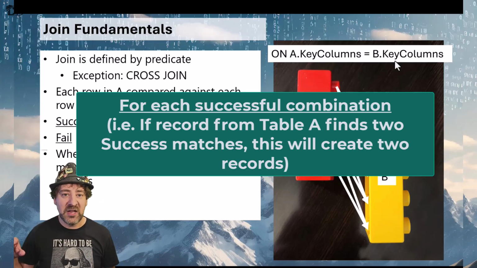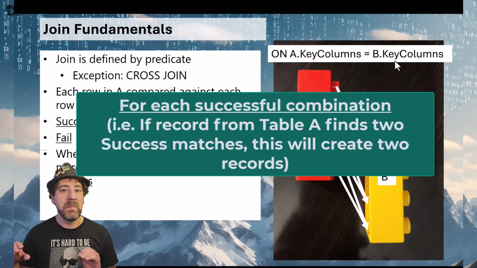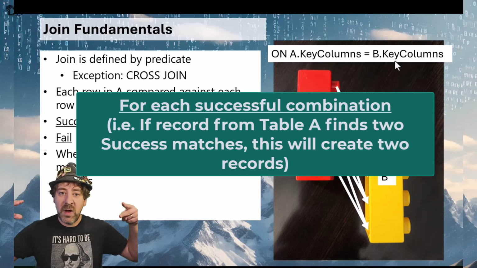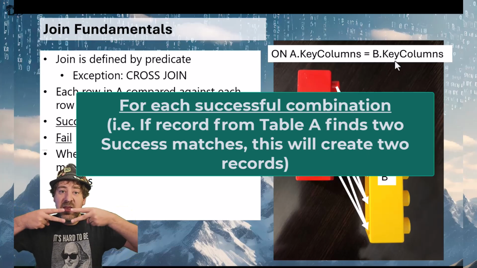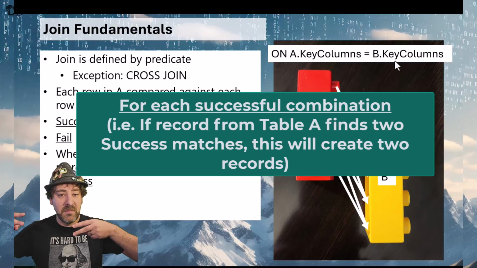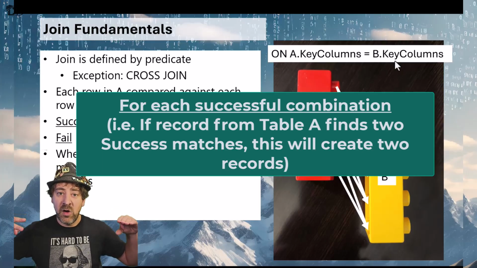First tip when you're defining joins is your joins have to be very specific, because it determines how many records you get back. If I have a record in A with a value of 1 and I have two records over here that both have a value of 1, A is now going to get duplicated to create two total records, where the columns in A are duplicated and the columns in B are unique.